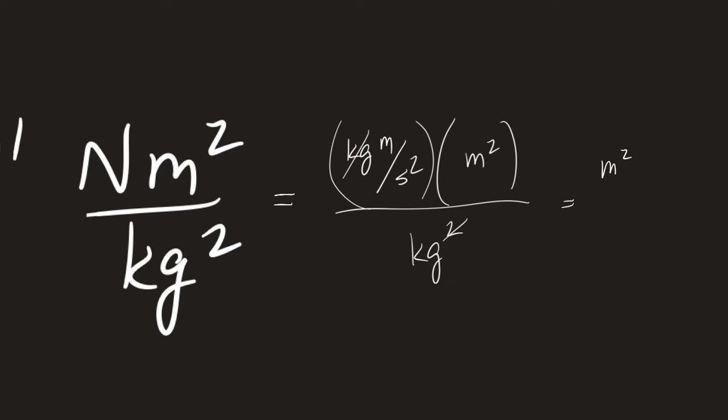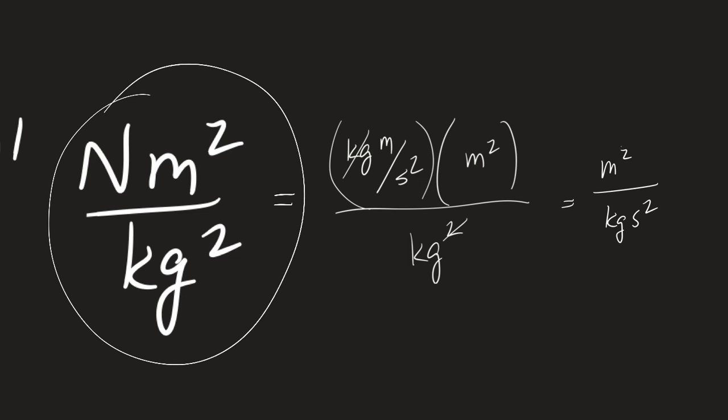One of these cancels out, and that leaves us kilograms second squared here. I would continue to use this if I were you. I'm sorry, meters cubed. I would continue to use this. It will be easier for you because it'll give you a better understanding of the units that you need to be left in. But that's what you get when you break it all out to its base units.